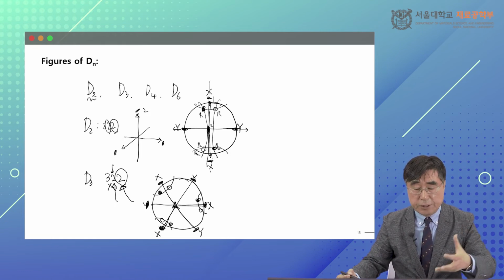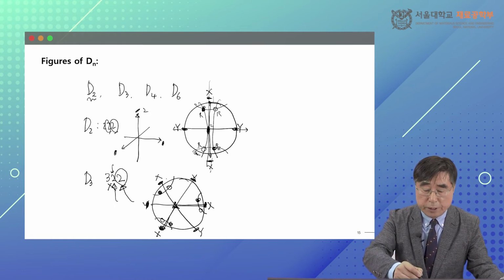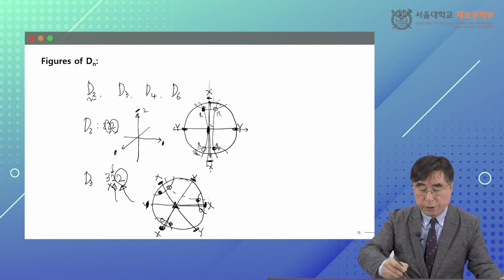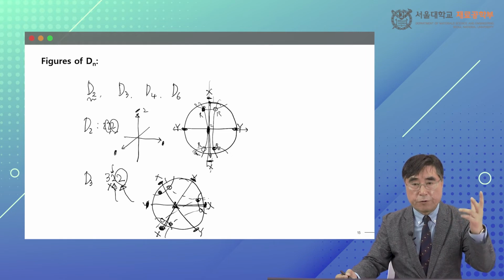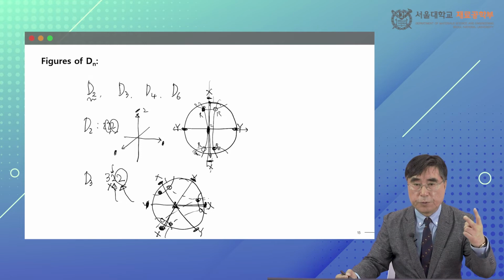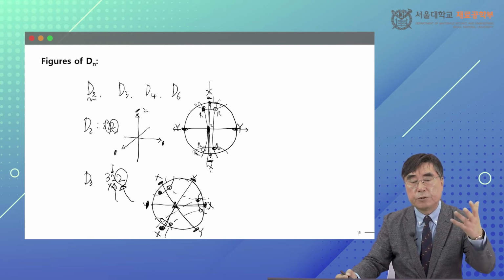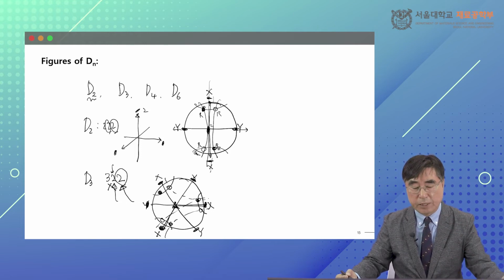Now, as you see, you don't have to do this y operation. You can immediately see that this y operation is already there. So when you do 3 multi-rotation axes, you do only 2 symmetry operations. Then the third axis should be there with that symmetry element.